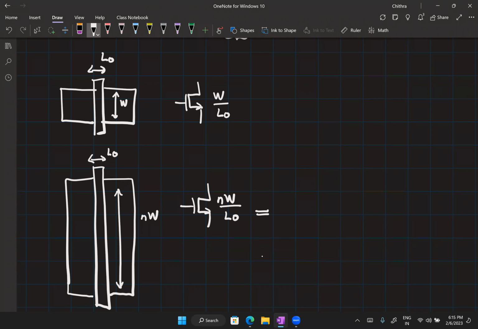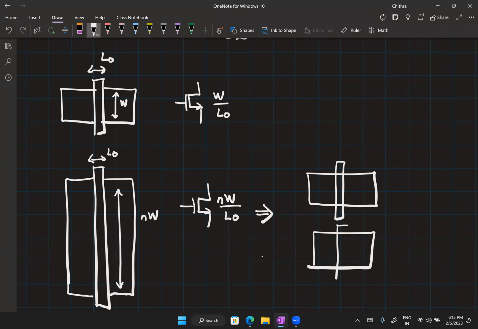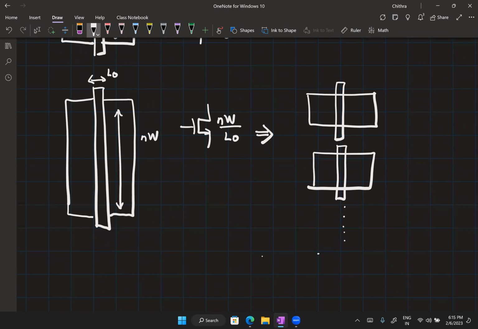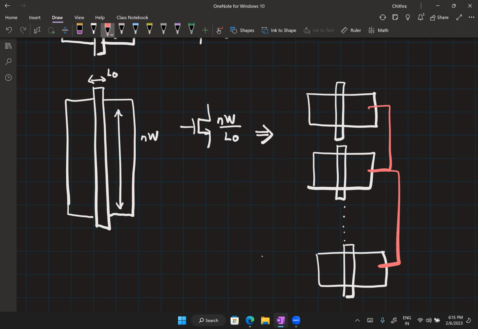Now I can model this as N parallel transistors with the same W and L0. So this is my first transistor. This is my second transistor. And I can have N such transistors. Okay. And then I'm connecting all of this together.